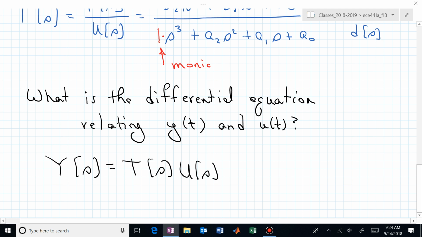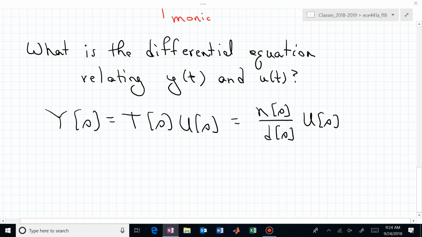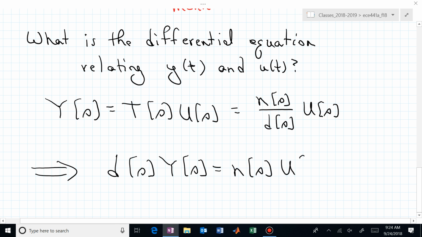We know that y of s is the transfer function times u of s, which is n of s over d of s times u of s. And now we can multiply both sides by the denominator polynomial. And we now know that d of s, y of s, is equal to n of s, u of s.